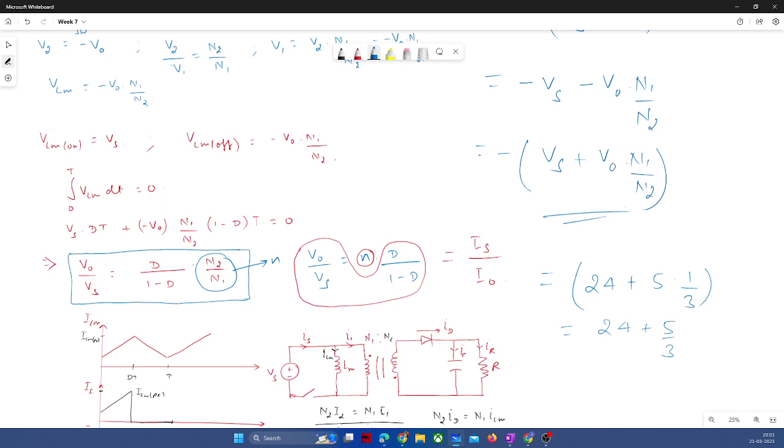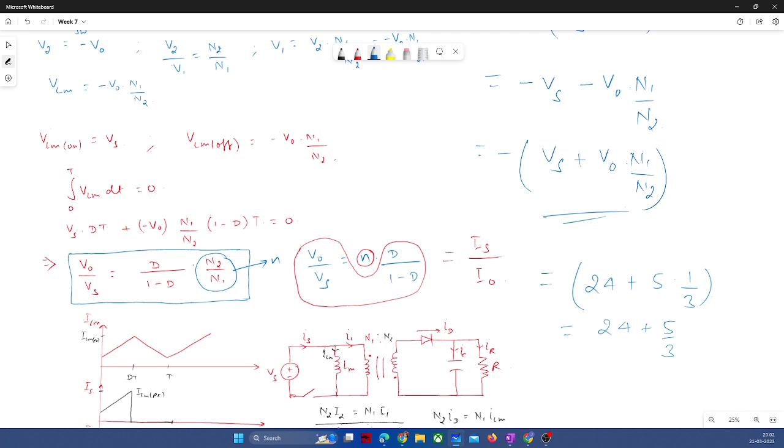Sir, actually why does that higher waveform appear? It should not happen, but it is happening. Here, because N1 upon N2 is 3, it should be V naught 5 into 3, no?